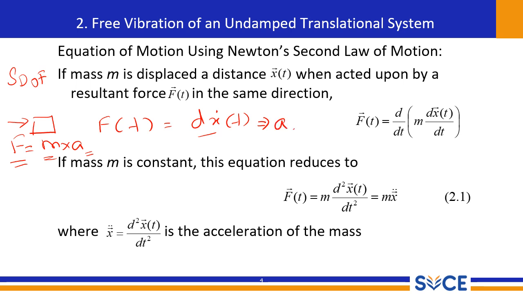So we are essentially saying force equals mass times acceleration, but in a calculus form that allows for more complex scenarios. Now we assume that mass is constant, which is often the case. The equation simplifies considerably. We get F of t equals m times the second derivative of displacement with respect to time. This second derivative is the acceleration, represented more concisely as x double dot.